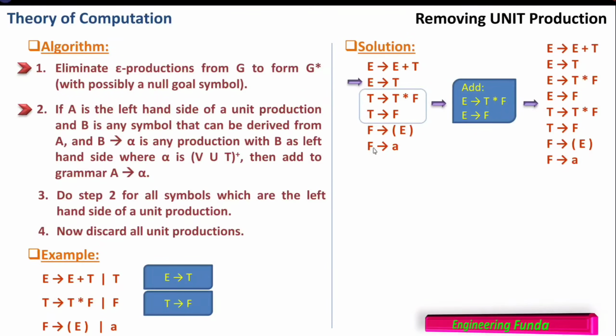Initially there were 6 productions. Now it has 8 productions because these 2 productions for E are added.